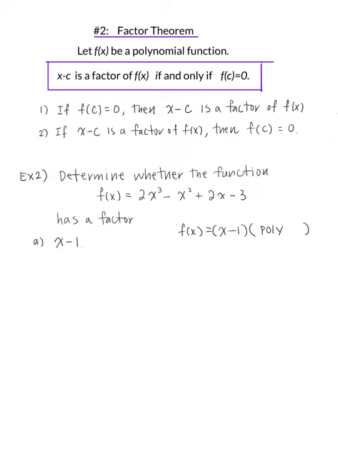It says that if x minus 1 is a factor of f of x, then f of 1 must be 0. So that means that in order to determine whether x minus 1 is a factor of f of x, we just check f of 1. And then cross our fingers that that's going to equal 0. All right, so let's check.